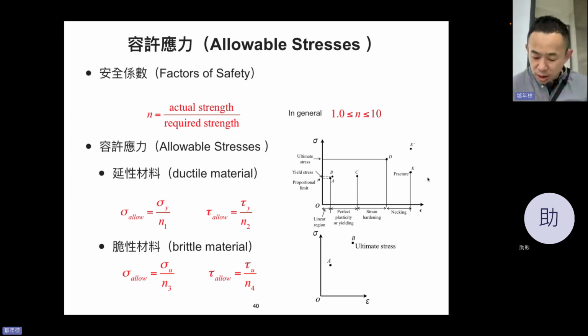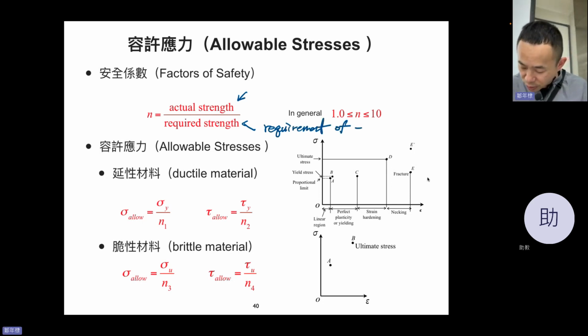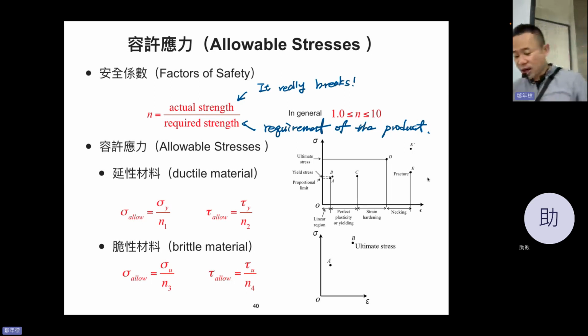The factor is called n. This is the requirement of the product, and this is when it really breaks: the actual strength and the required strength.